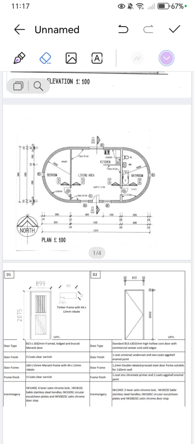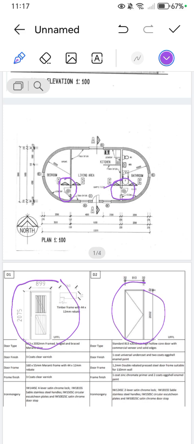So we always have to check. For instance, let's just say this door here was used this side, and this one was used this side. If we're going to be doing our calculations for painting, we have to check their area first, that is, is it exceeding 0.5 square meter? If it is, then it means we have to deduct it.